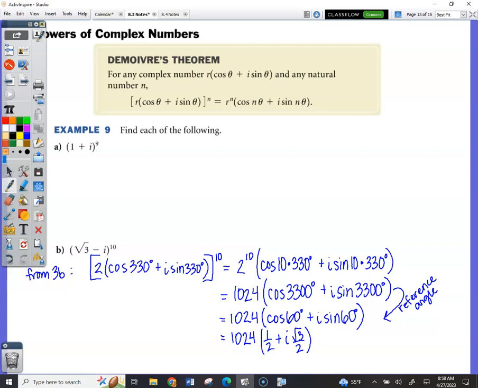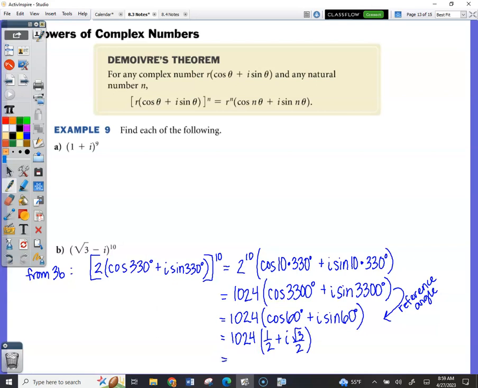And then the last part is to distribute the 1024. And because both of those fractions have a denominator of 2, and 1024 is even, this is going to end up coming to pretty numbers.